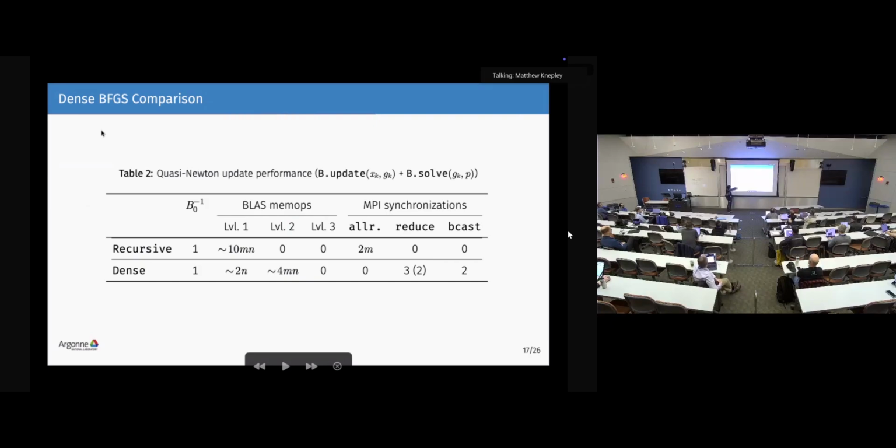Whereas for dense, we only do 2 times n, and then we do more level 2 BLAS operations, 4 times m times n. The recursive one has just all reduce, but the dense one has 3 reduces and then 2 broadcasts, where 2 means if B0 is none, so identity, then you can get away with it. But anyway, instead of doing all reduce for recursive, for dense we do the reduce and broadcast.